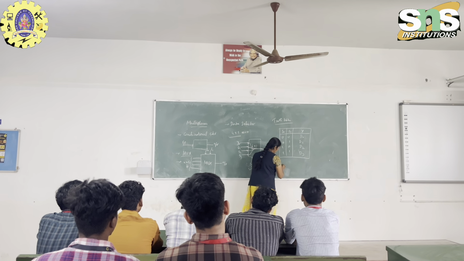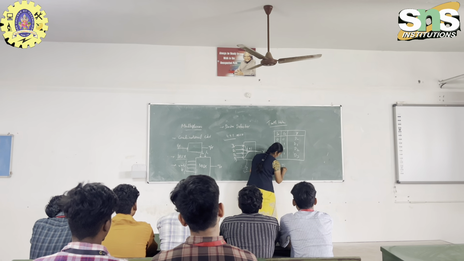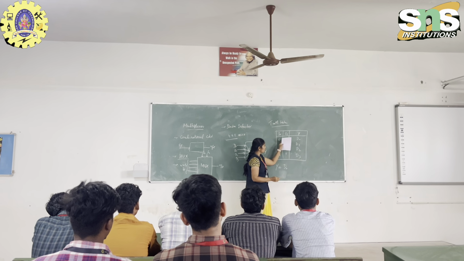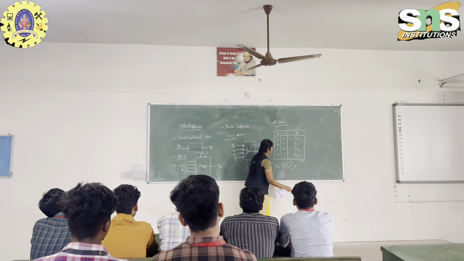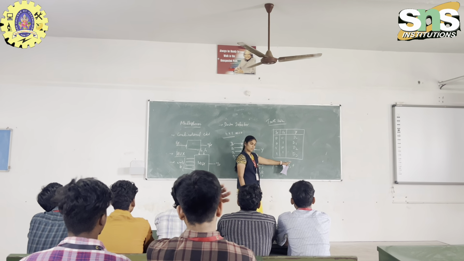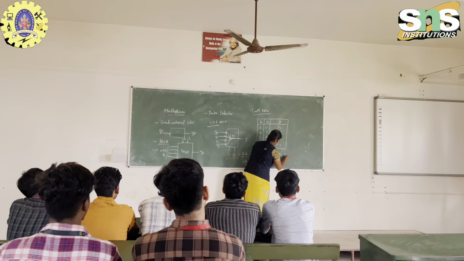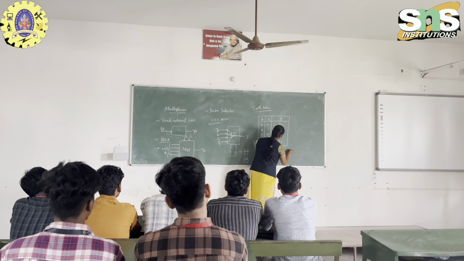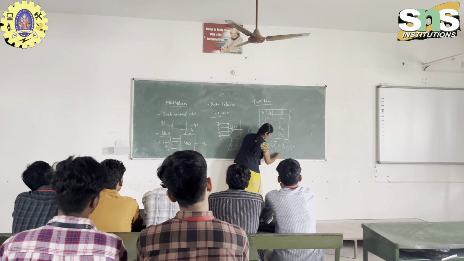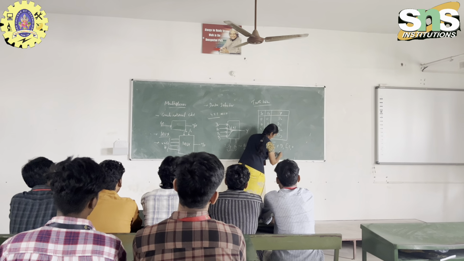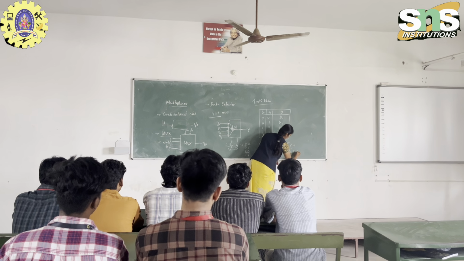For this truth table, we write the switching expression: Y = D0 S0' S1' + D1 S0' S1 + D2 S0 S1' + D3 S0 S1.